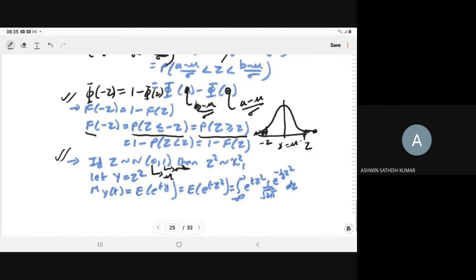So z square follows the chi-square distribution with degree of freedom 1.